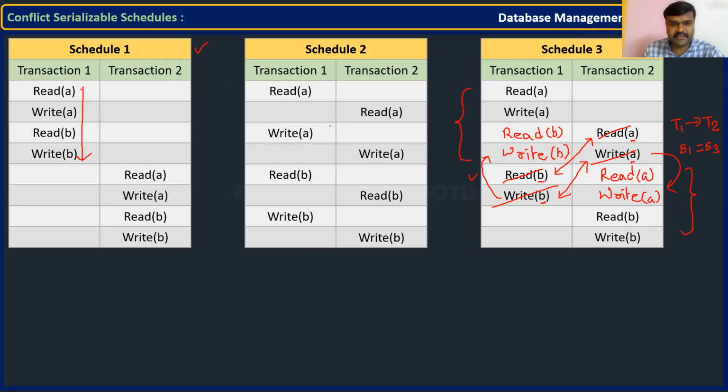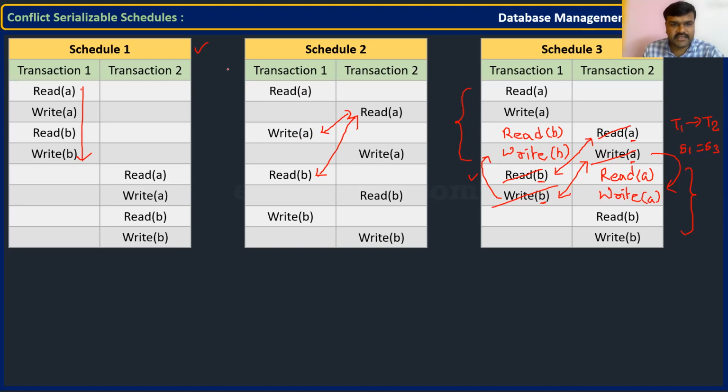For example, here if you take, can I swap here read B and then these two? Can I swap these two? Is it possible? No. Or for example, if you take these two, can I swap these two? What is the problem here if I swap?